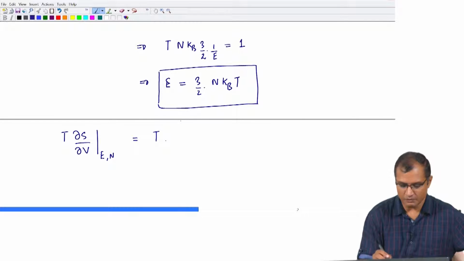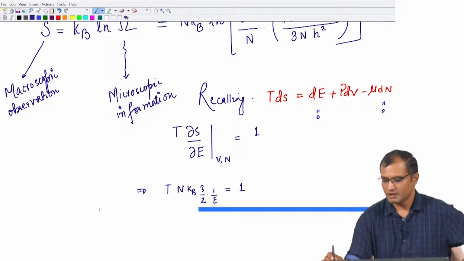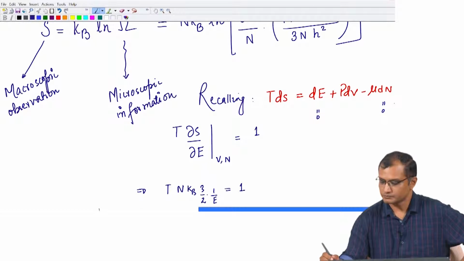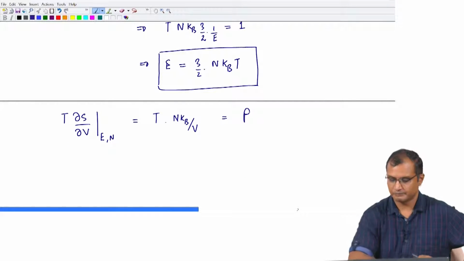because everything else is a constant and does not depend on the volume. So, it just gives you T times NKB over V, but this is equal to, if you look at the first law, this is equal to pressure, okay, from first law.